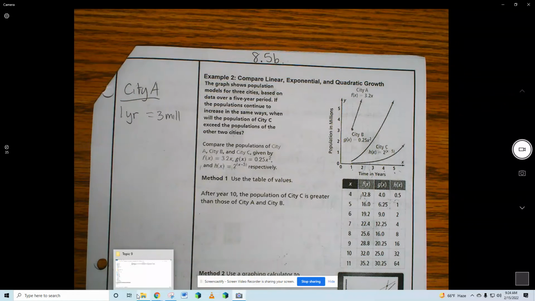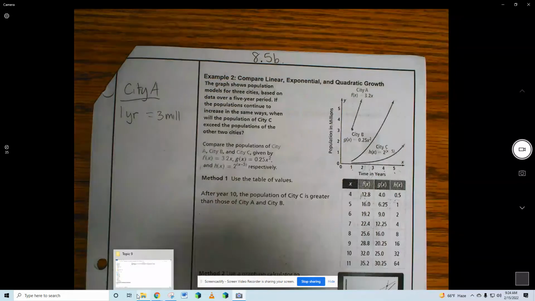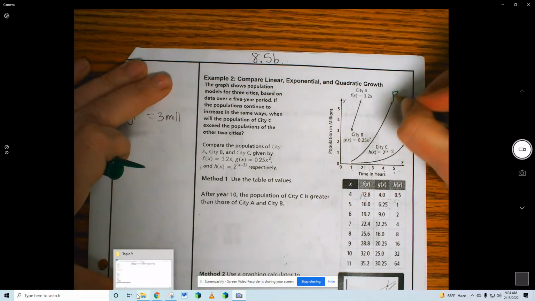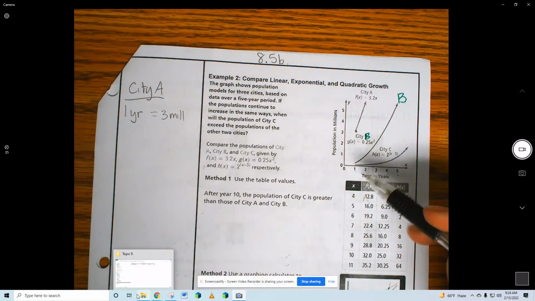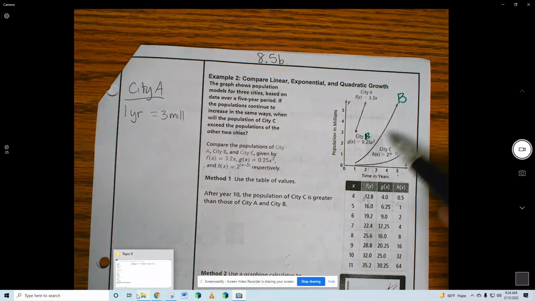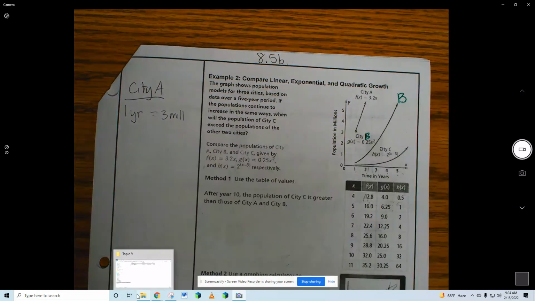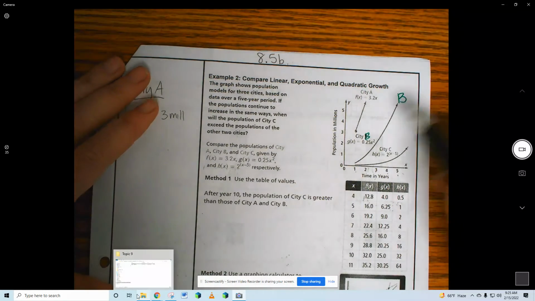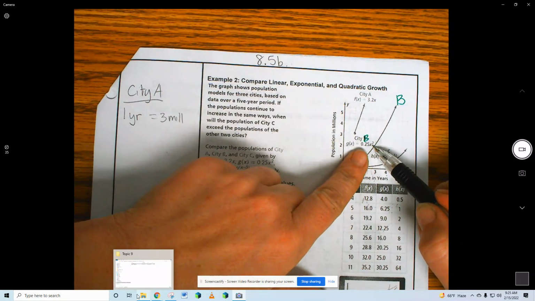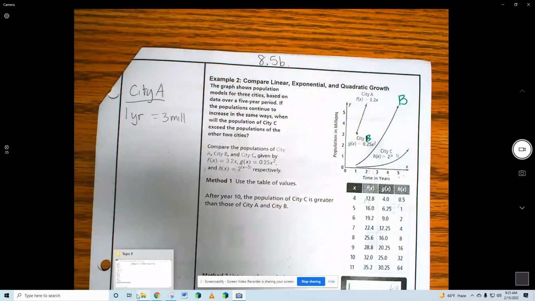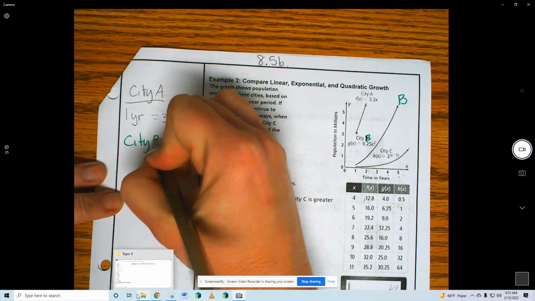Then city B. Is B quadratic or exponential, guys? B, what do you think? No, it has x squared. What does it mean when I have a little 2? X squared. So city B was quadratic.